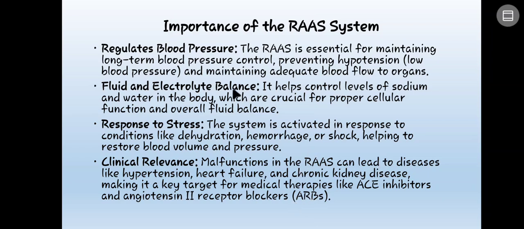With the significance of this system, it helps to regulate blood pressure. More specifically, it helps to increase your blood pressure and ensure that vital organs are receiving an adequate amount of blood. It also helps to control fluid and electrolyte balance, because one of the situations that will occur at the end of this system is sodium and water retention in the body.